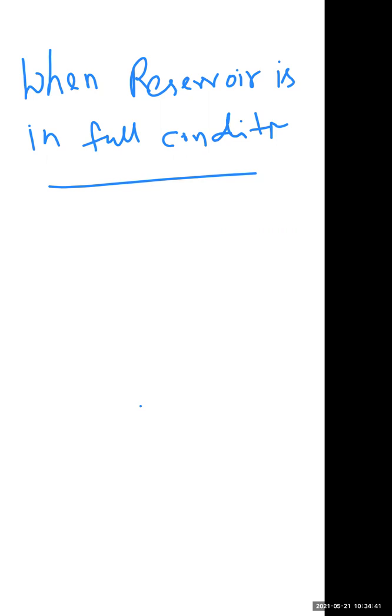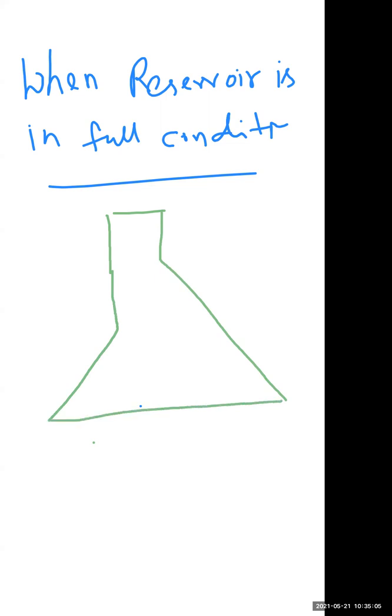Okay, so again we draw here the line diagram of the dam. So this is the line diagram of the dam. This is the dam's downstream side, this is the upstream side.